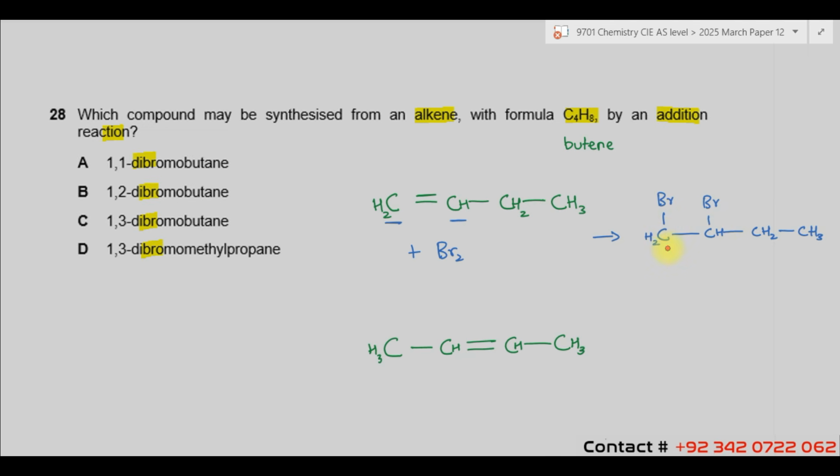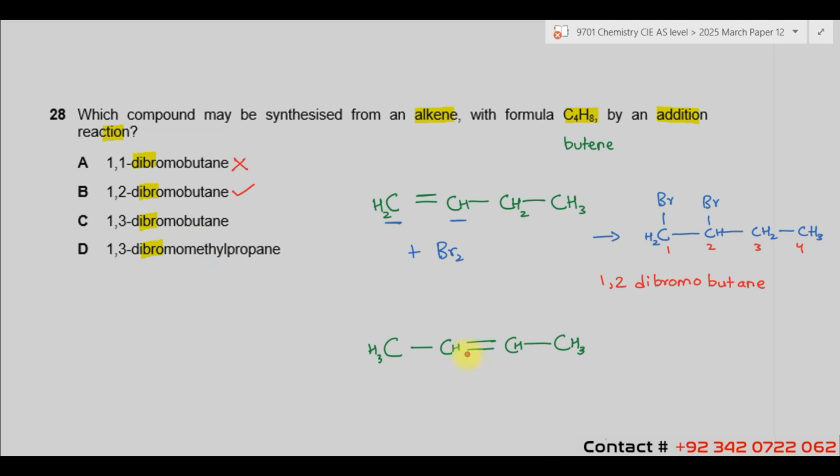We have 1, 2, 3, 4. On the first carbon we have bromine, on the second carbon we have bromine, so it is 1,2 dibromo, and all are single bonds, so it is butane. 1 dibromobutane is not possible.